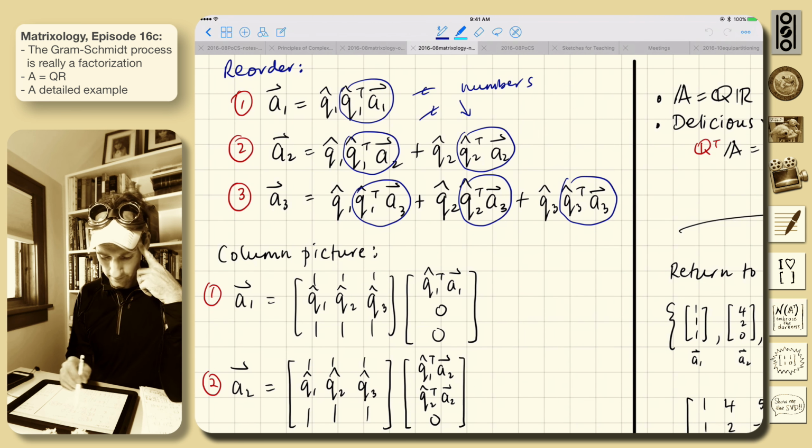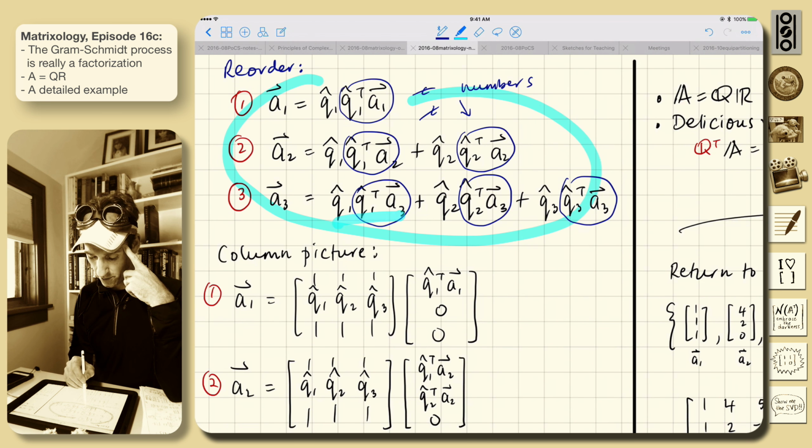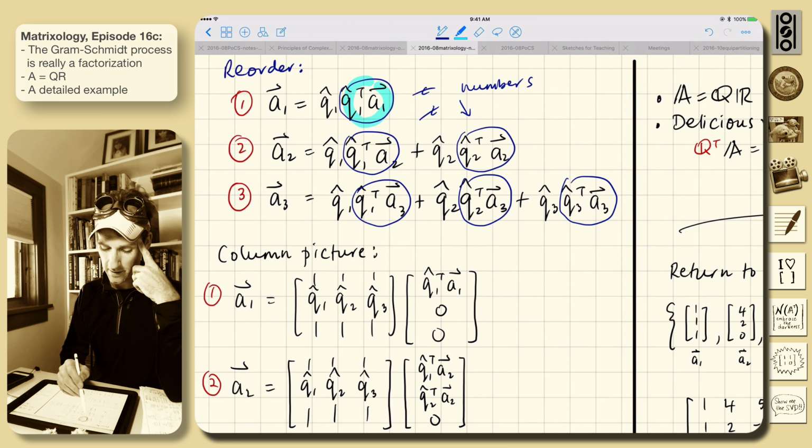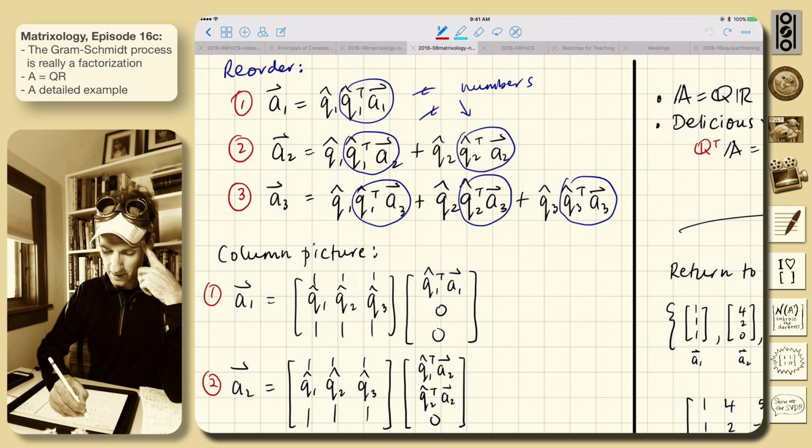So all that's happened here is it's the same lineup, but the Q1, Q2, Q3, right? And the point is that these are actually just numbers now. So we can do this sort of funny thing, right? This is a projection matrix, but this is m by 1, 1 by m, and m by 1.